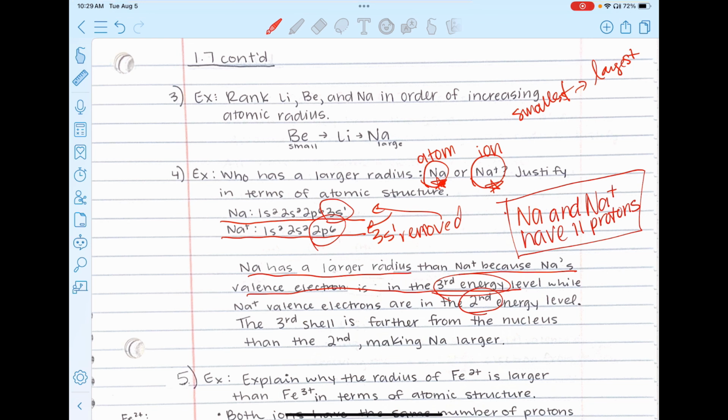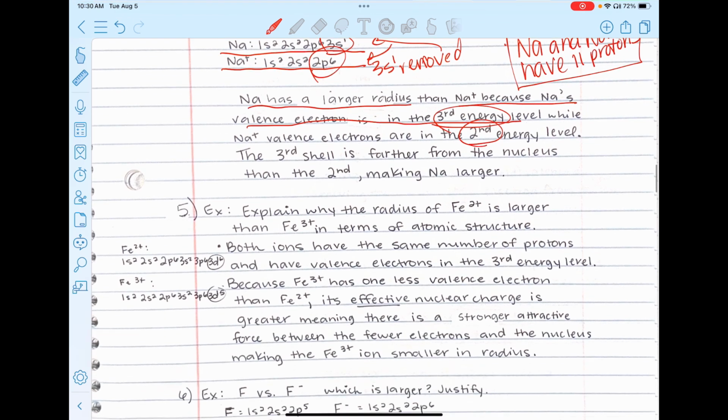We know that Coulomb's law says the closer electrons are to the nucleus, the lesser the distance, the greater the attractive force. Therefore sodium plus should experience a greater attractive force, making its radius smaller as compared to neutral sodium's, which has valence electrons in the 3s, further out. It should be a greater distance. Greater distance equals weaker force of attraction, therefore making it larger. So Na is larger.